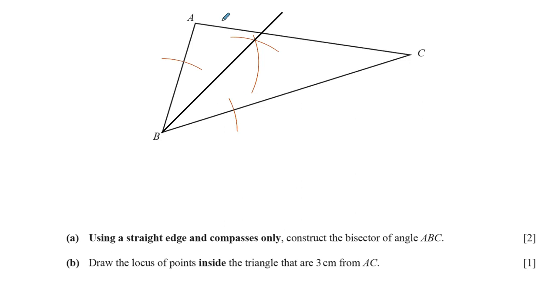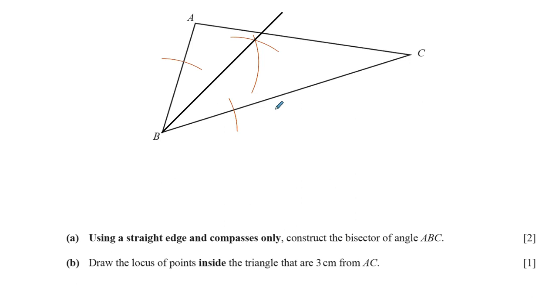So, for example, if I say the locus of points which are 3 centimeters away from the point C, it would be a circle of radius 3 centimeters, because every point on the circumference of that circle is 3 centimeters away from point C.